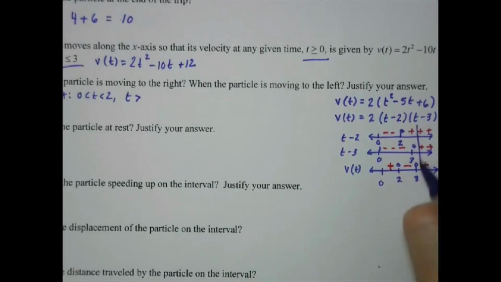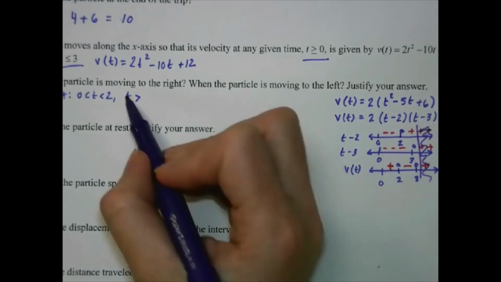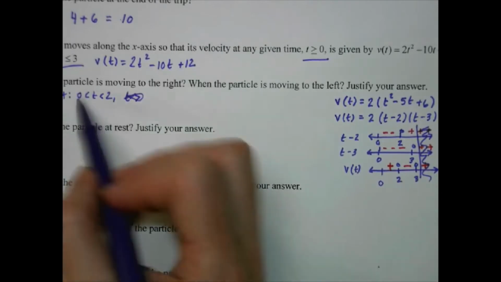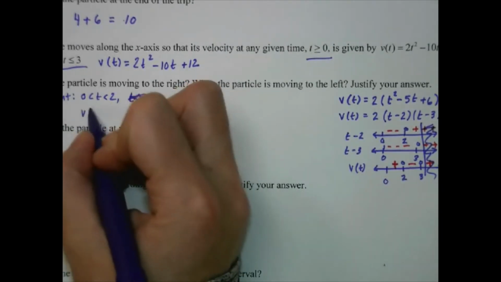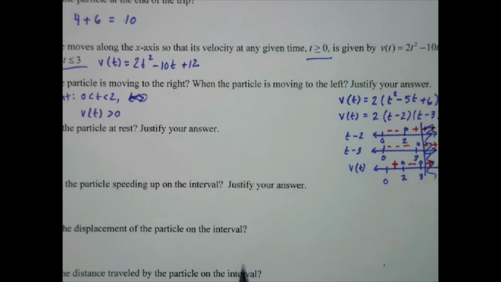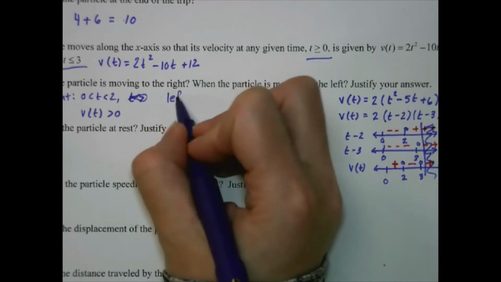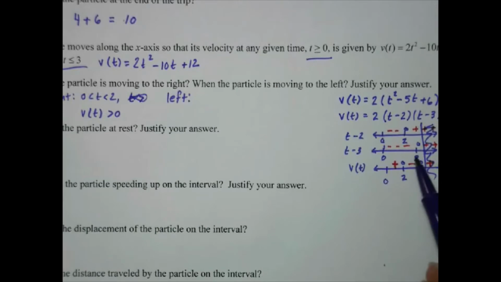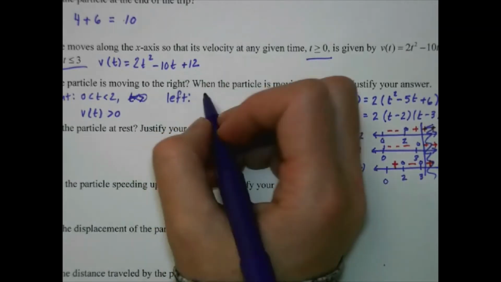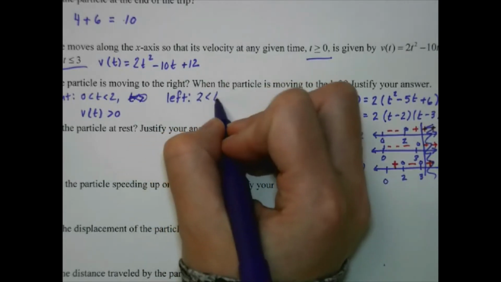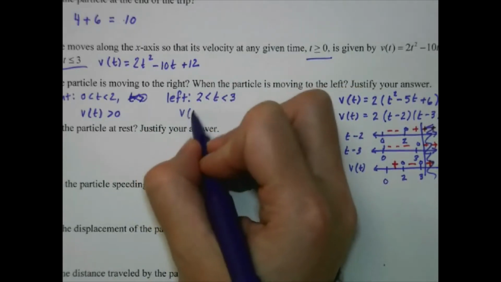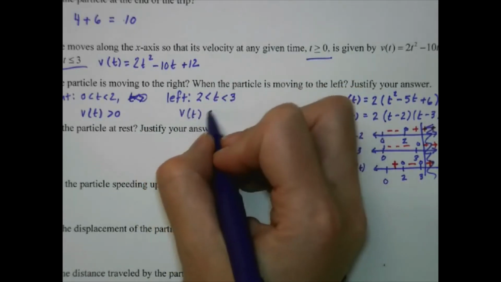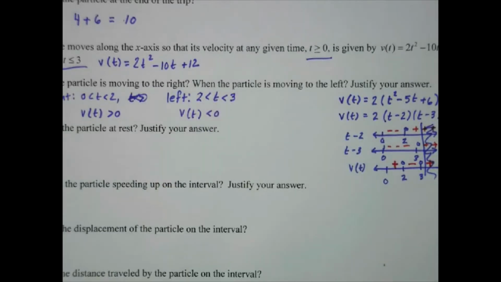So between 0 and 3, it's only moving to the right from 0 to 2 because v of t is greater than 0. It's moving to the left when our velocity is negative, so that's going to be from 2 to 3. Because our velocity is less than 0.